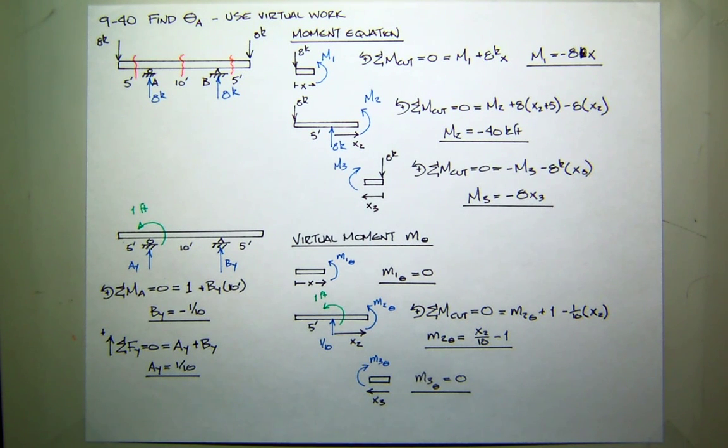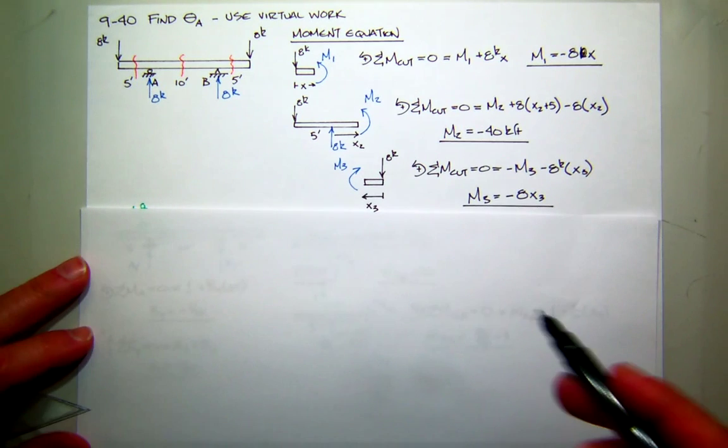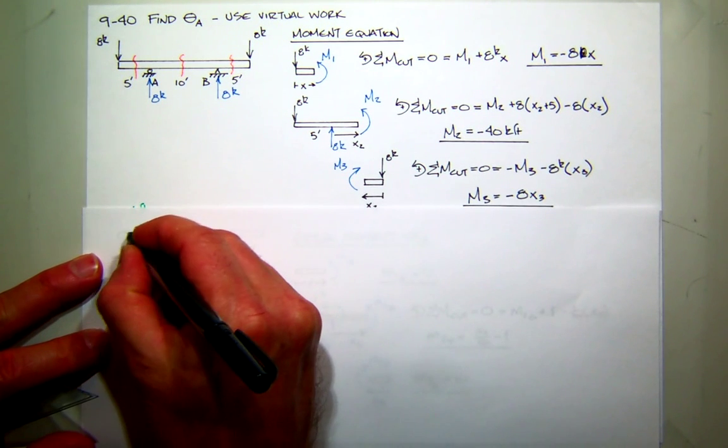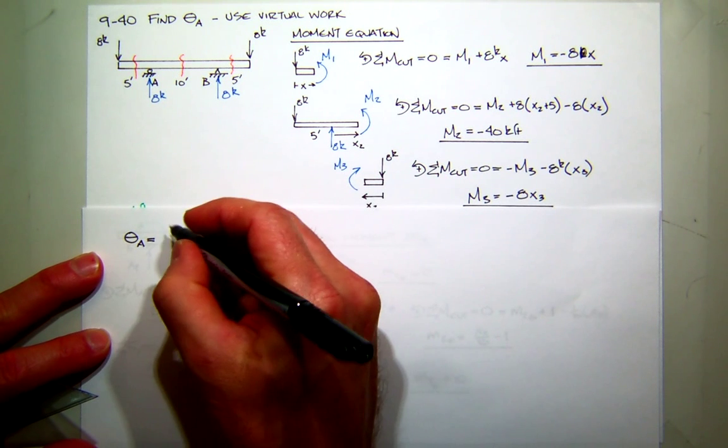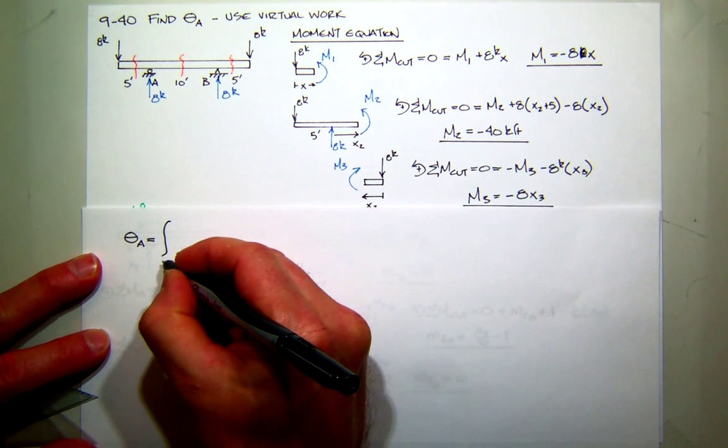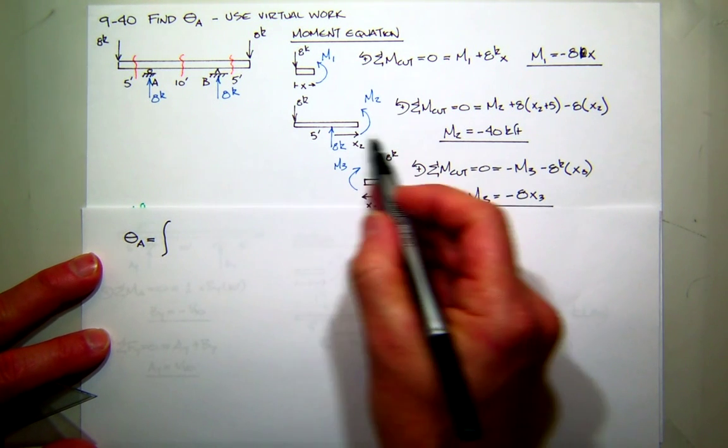So now my virtual work expression for the slope at A is what? It's the integral from the middle section here.